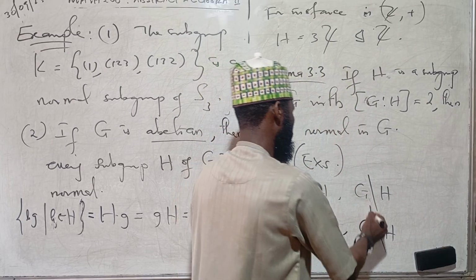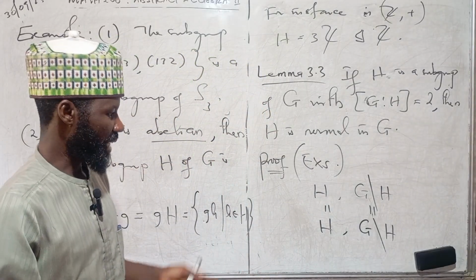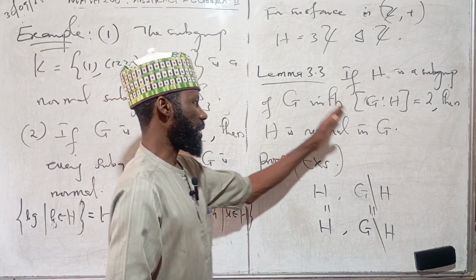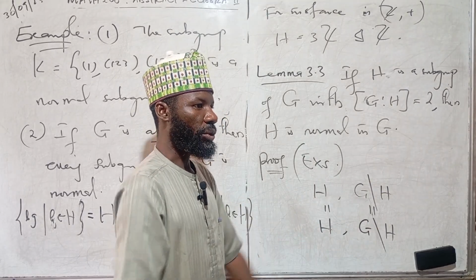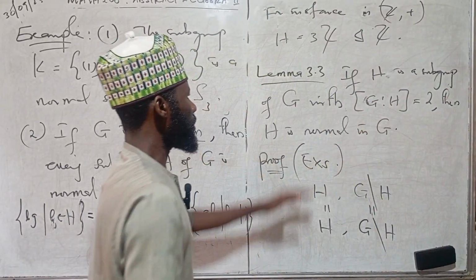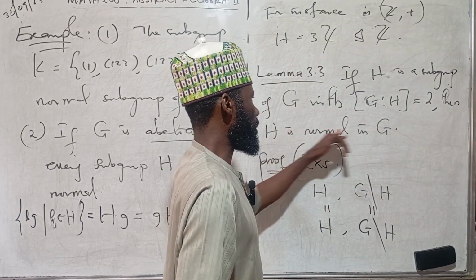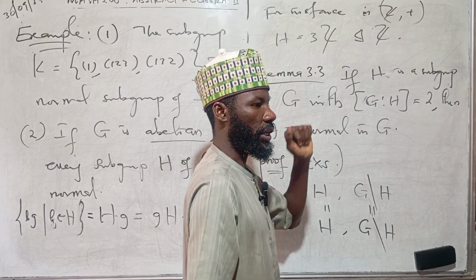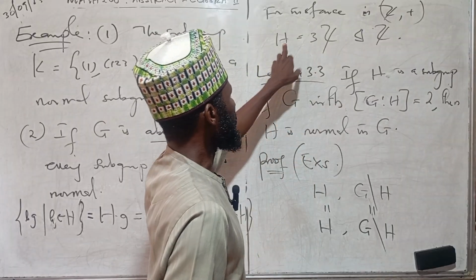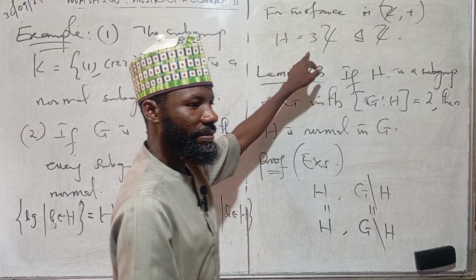So every left coset is also a right coset, because the index is 2. I hope it's okay. So subgroups of index 2 are normal in a group. So this is another way of seeing that. But you know, this result is not conversely true. We are not saying every normal subgroup must be of index 2. But like for example here, we have a normal subgroup, but the index is what?